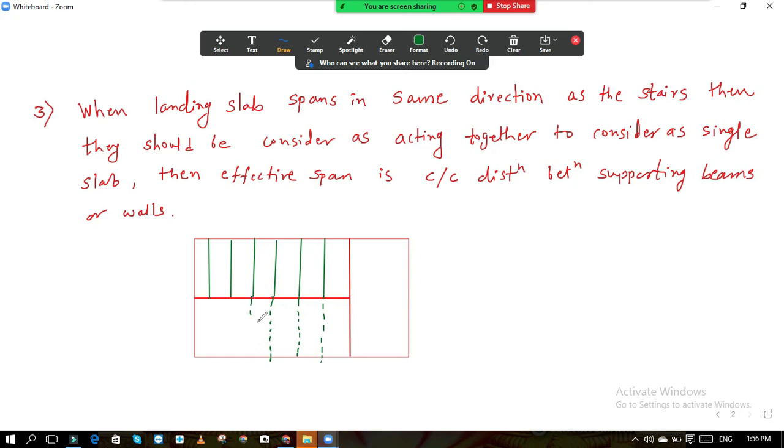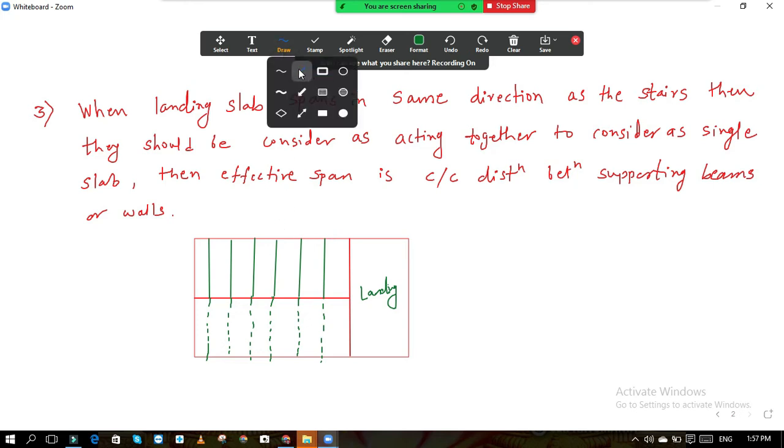I have not drawn it properly, so you draw it correctly in your notebook. Okay. So this is the stair. Now you know that this is the landing. This length is going length from first step to last step. Now this is the wall thickness.